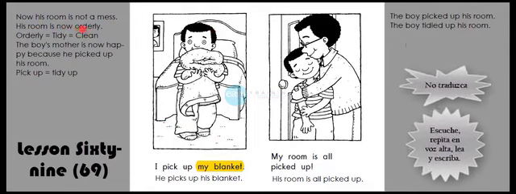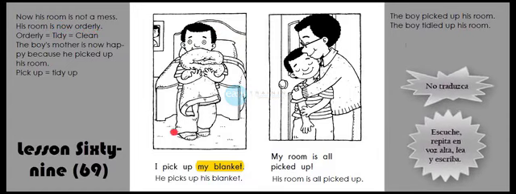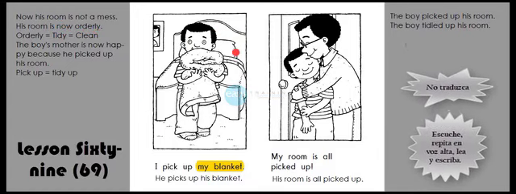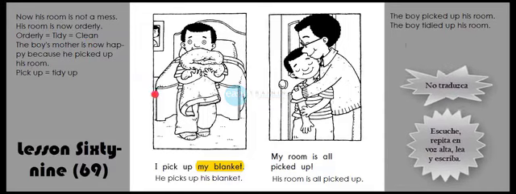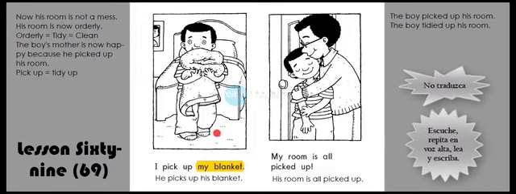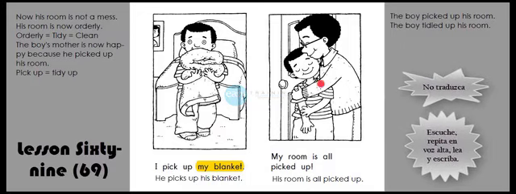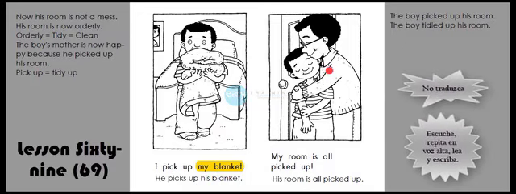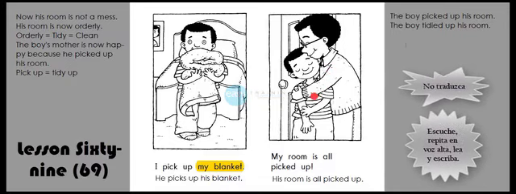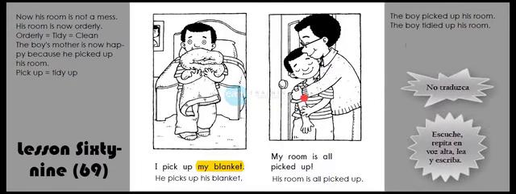His room is now orderly. Orderly is the same as tidy or clean. His room is tidy. His room is clean. And in this picture, we can see the boy's mother is now happy because the boy picked up his room.